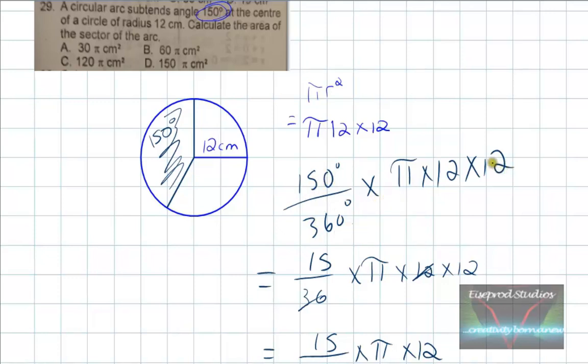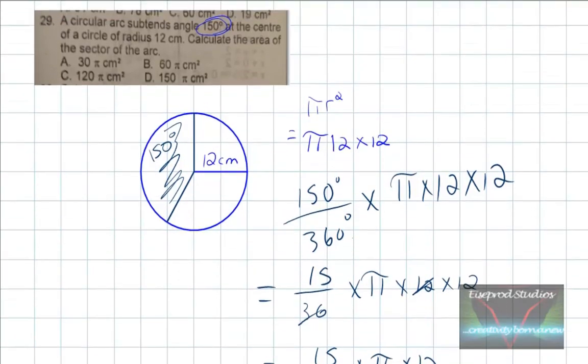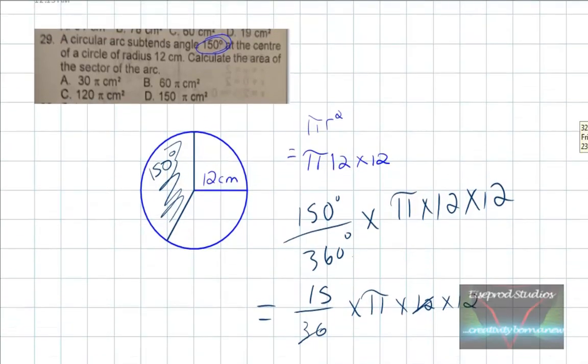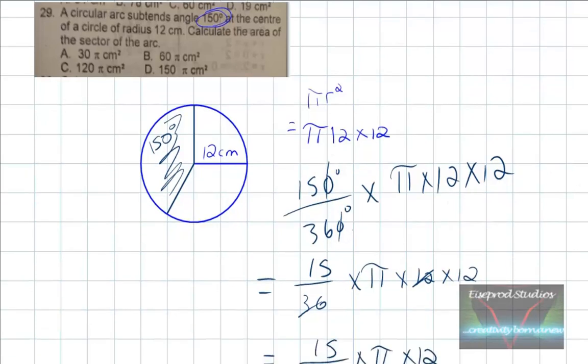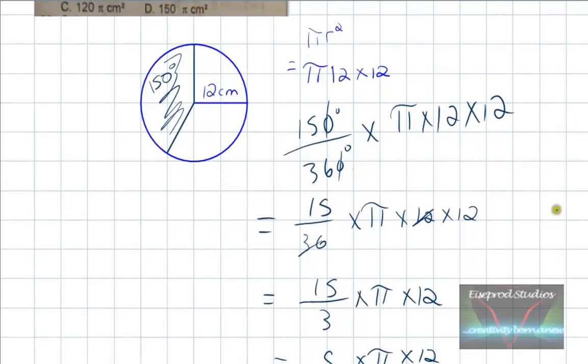of the circle, that should leave us with only the area of that arc that we're interested in. And so what you're going to do, after you set this up, is just a series of simplifications. Remember that these zeros can cross out. They'll cancel by a factor of 10, and you're left with 15 over 36 now, times pi times 12 times 12. 12 can go into 36 3 times, so this cancels into 1, and this cancels into 3.